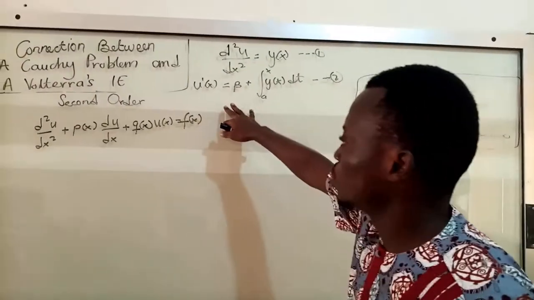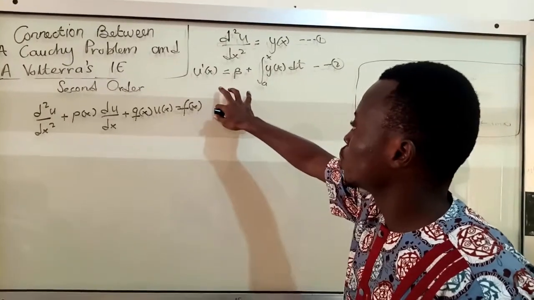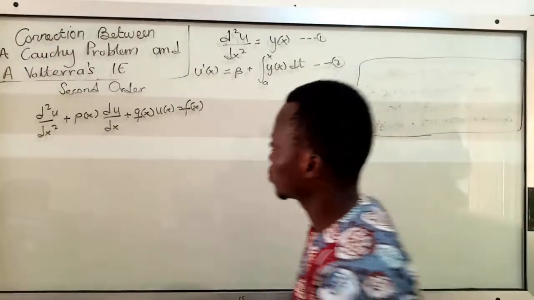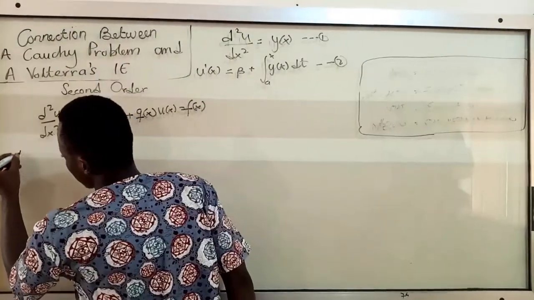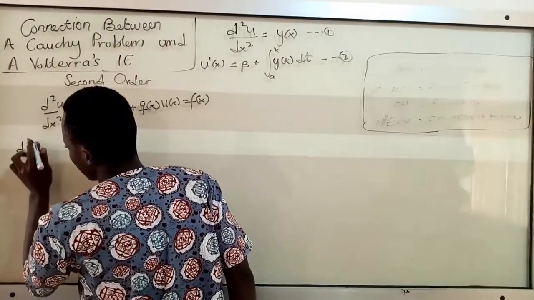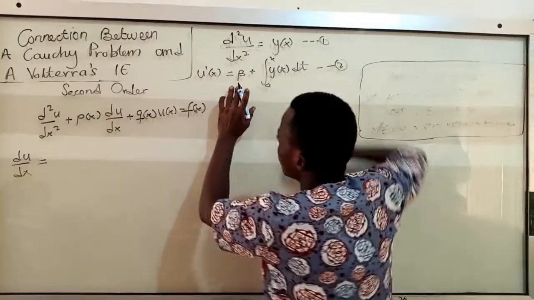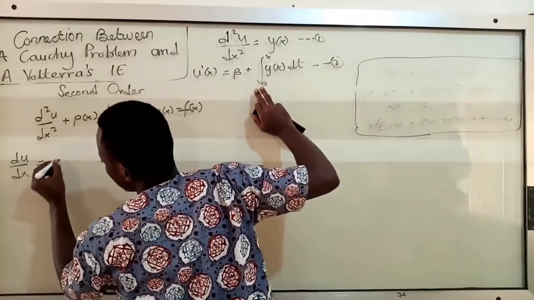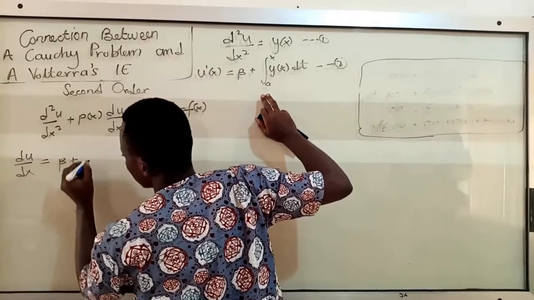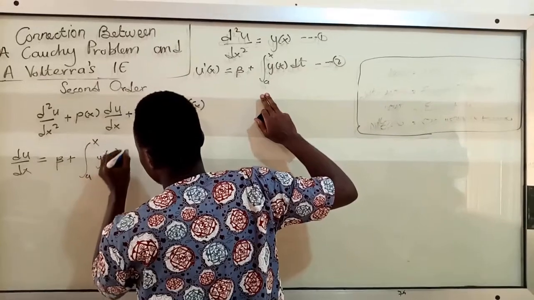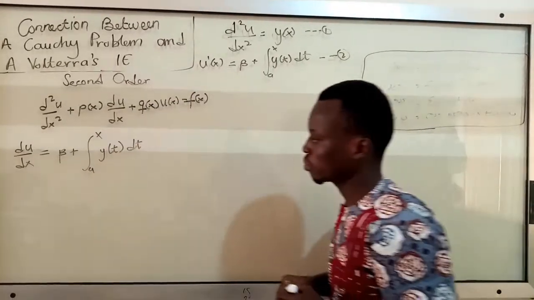From this equation 2, we need to integrate both sides. I'm going to have du by ds equal to beta plus the integral from a to s of y of t dt.